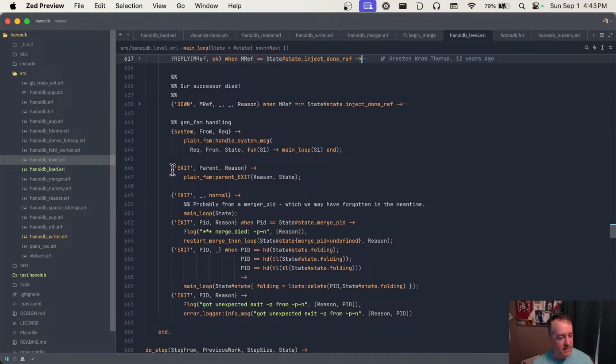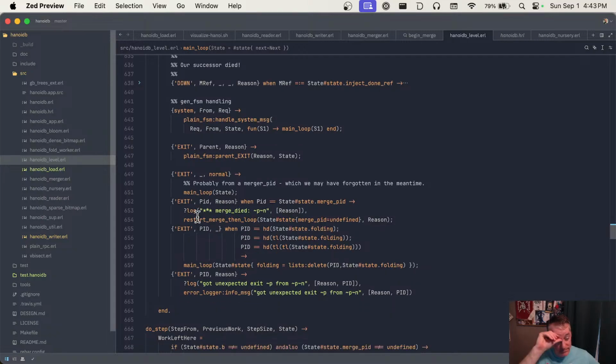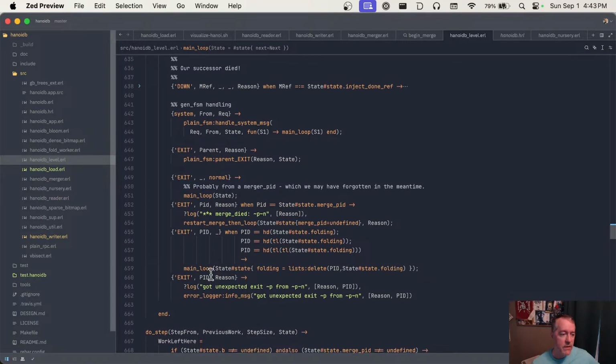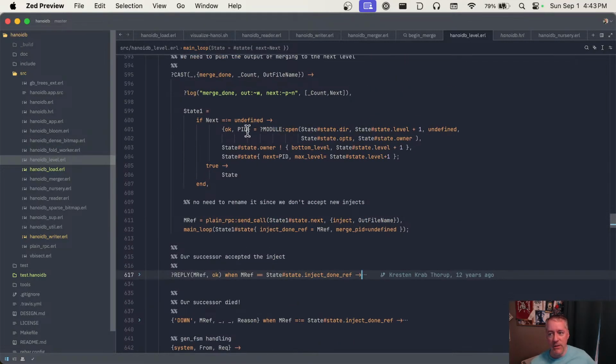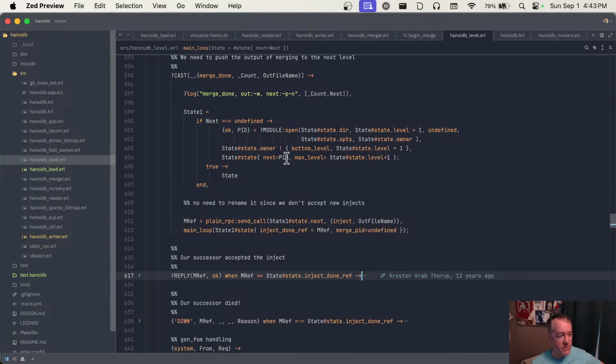Lots of handling exits. Things about folds. Okay, we're not going to be able to tackle all of this today. Obviously, it's already 75 minutes into my stream, and we've mostly done reading code.